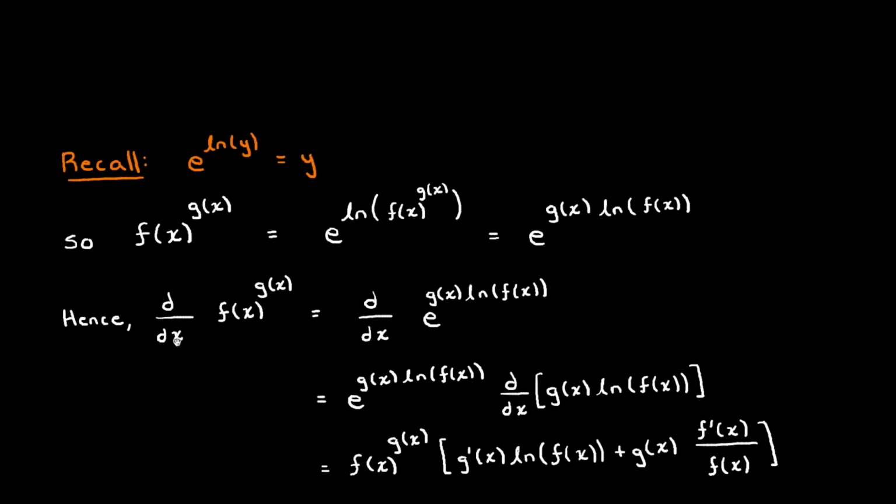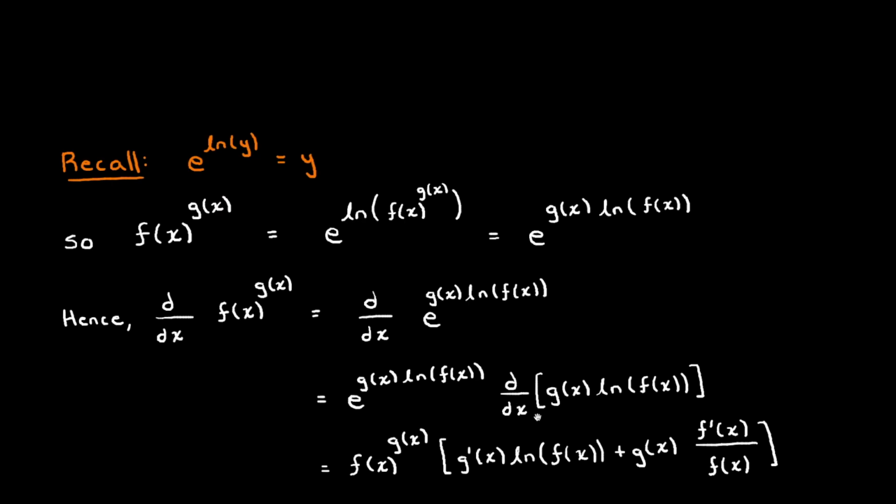So now if I want to differentiate f of x raised to the power of g of x, that's equivalent to differentiating e raised to the power of g of x times the natural logarithm of f of x. In order to differentiate this, we know how to take the derivative of e raised to the power of something. Well, it's going to be exactly e raised to the power of something times the derivative of that something by the chain rule.